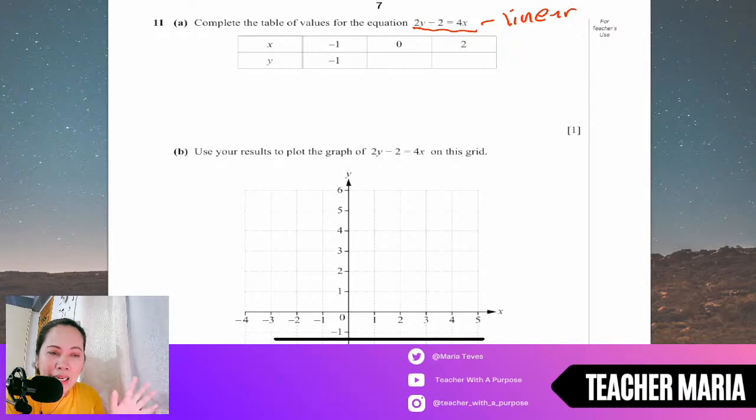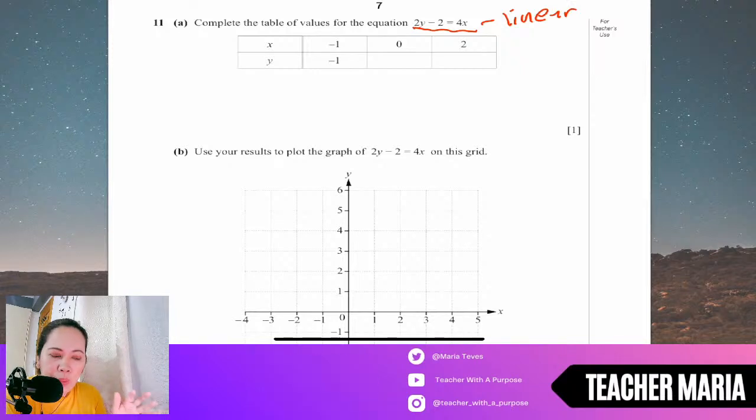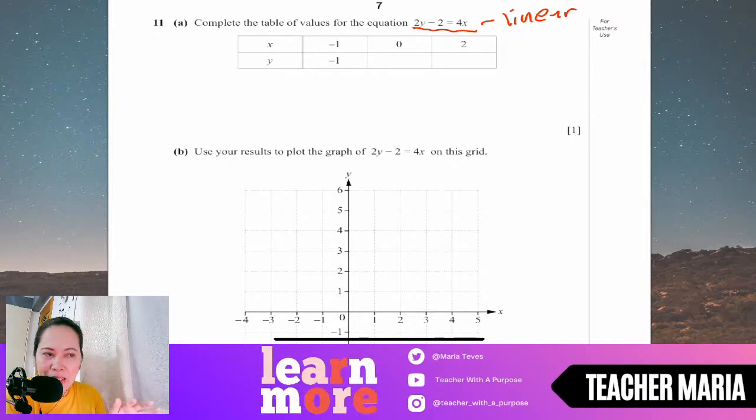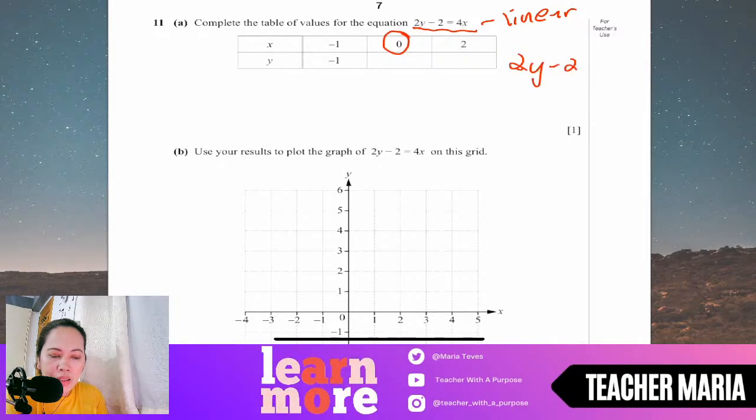If you would get an x squared, then you would know that is a quadratic equation. All right. So for this case, since you're only asked to complete the values of the equation, what you need to do is just substitute the values that are given from the table itself.